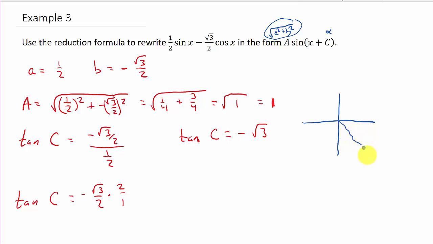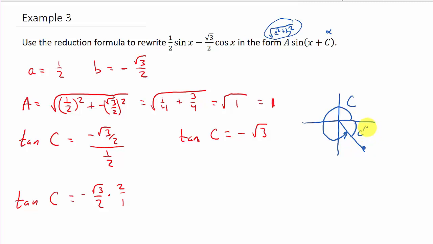So we can see our angle is in the fourth quadrant. That's C. Well, what we need to do is find our reference angle. And I just use this mark here to represent the reference angle. Some books use different marks. The one I teach out of uses this prime here, C prime.